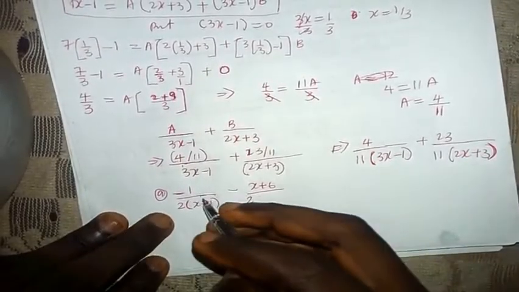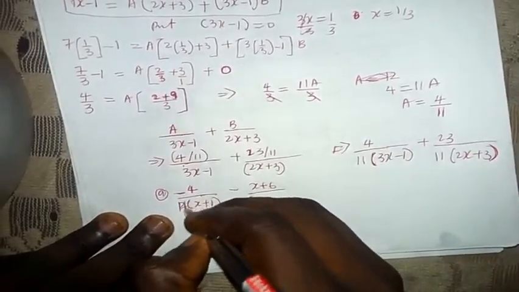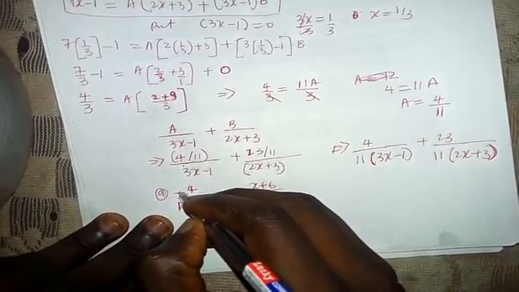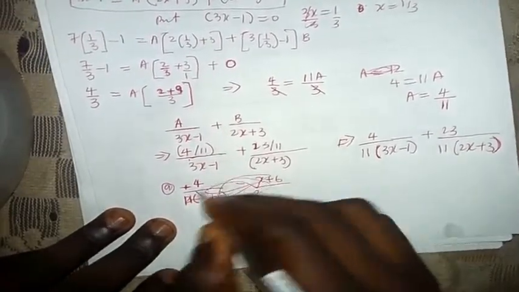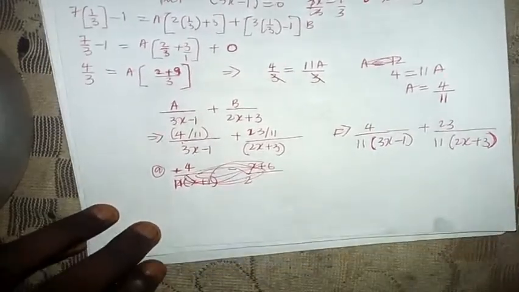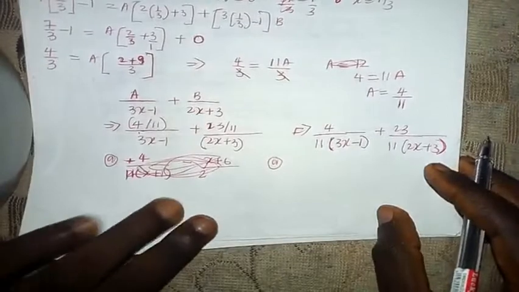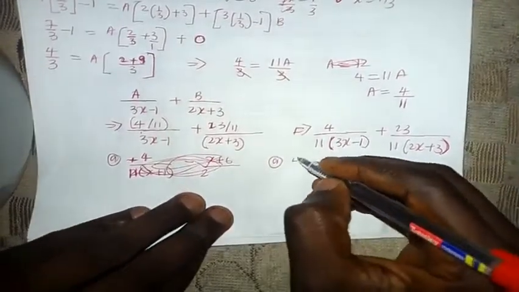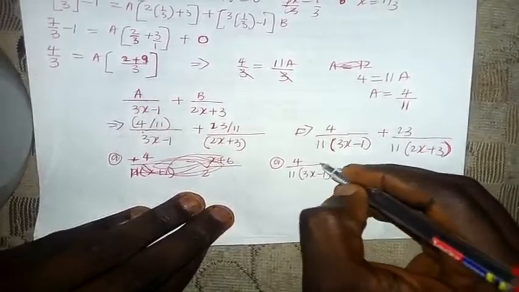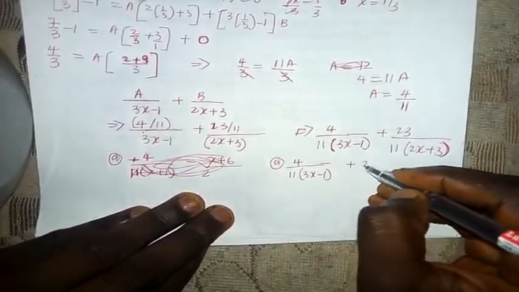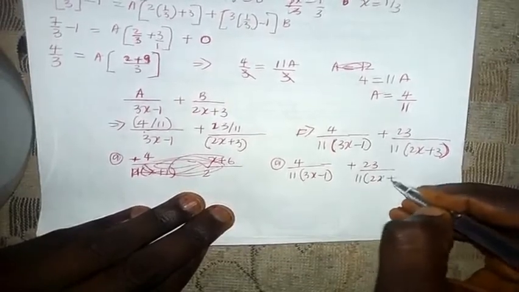Option A here is 4 over 11 times 3x. Let me cancel this. Let me write it again. Option A here is 4 over 11 times 3x minus 1 plus 23 over 11 times 2x plus 3.